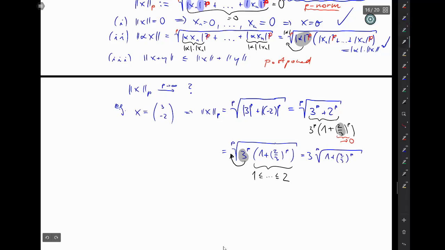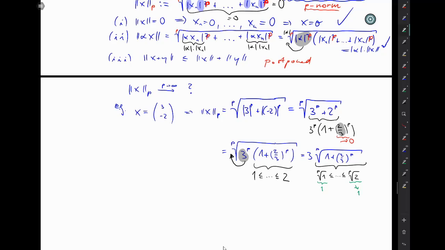So the whole thing here is between the pth root of 1 and the pth root of 2. Okay, now you can see where this is going. The pth root of 1 is always 1, and the pth root of 2 is not always 1, but it converges to 1. You did that in your analysis course. Okay, and now we're there.